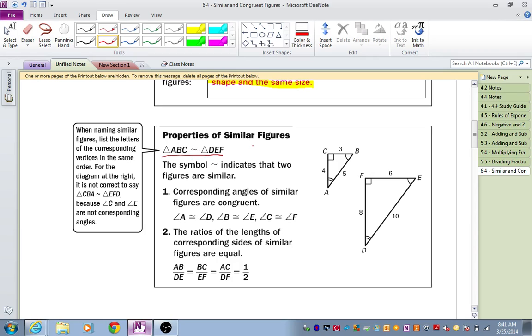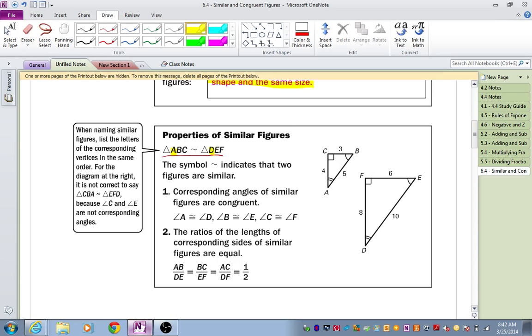And there's two things that happen with similar figures. The first is that the corresponding angles, the angles that match up in our diagrams, are congruent. Those angles are the same. So over here, angle A corresponds to angle D. We'll notice that because the A is first and the D is first. The names are going to be very important.